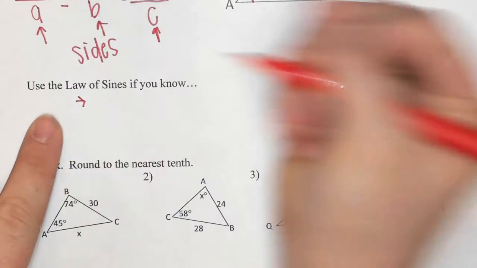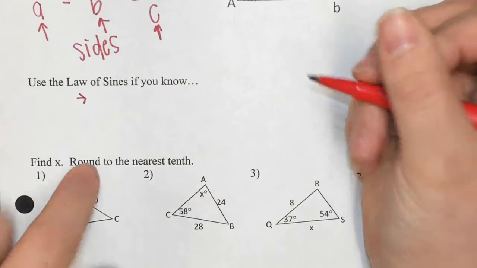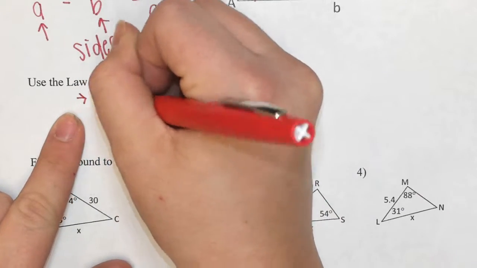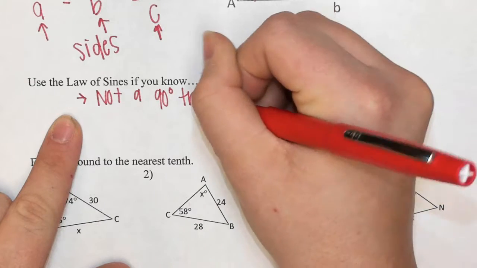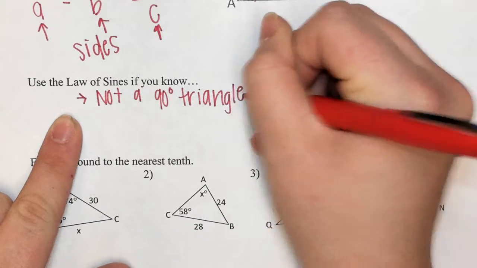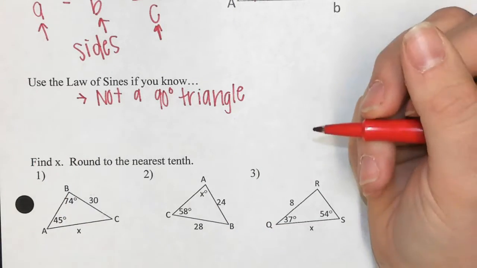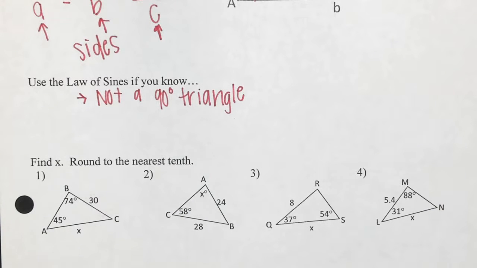Alright, so how do we know when to use law of sines? First of all, the first thing you need to notice, if it is not a 90-degree triangle, so if it's not 90 degrees, then we know we either have to use law of sines or cosines. So the hardest part is going to be knowing the difference between law of sines and law of cosines.